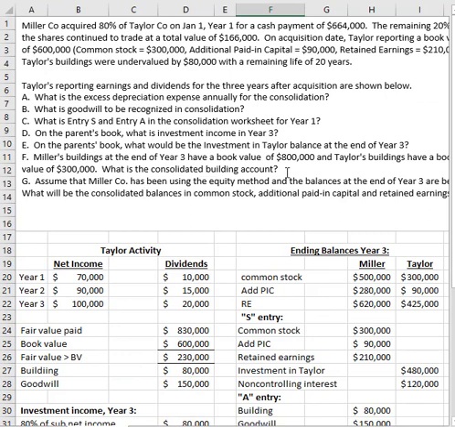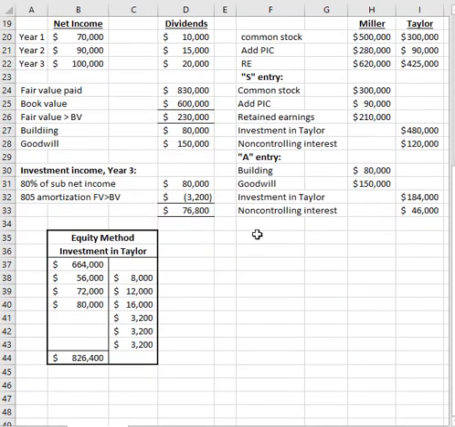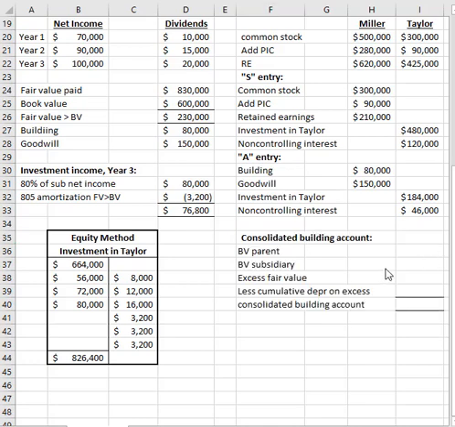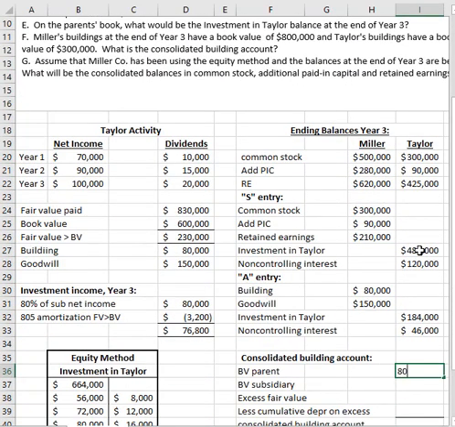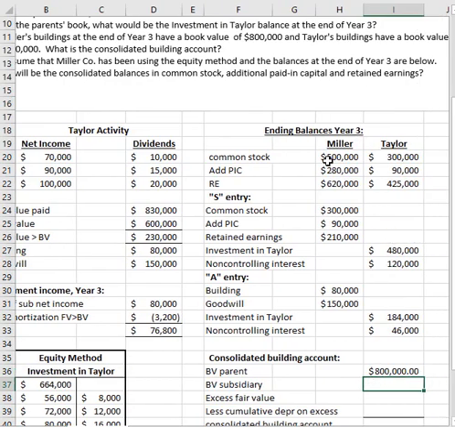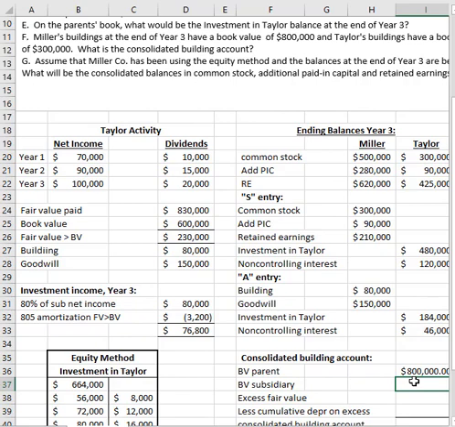All right, going back up here, they want to know what would the consolidated building account look like if the book value at the end of year 3 for Miller was $800,000 and the book value for Taylor was $300,000. Okay, so let's do that. So the book value of the parent, they said, was $800,000. Book value of the subsidiary was $300,000.